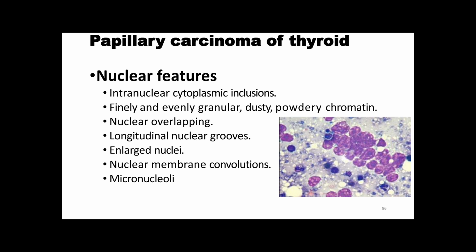Here you can see the nucleus, right? Nuclear overlapping can be seen in papillary carcinoma of thyroid, and also longitudinal nuclear grooves. Next are enlarged nuclei and nuclear membrane convolutions, and micronuclei can also be seen.